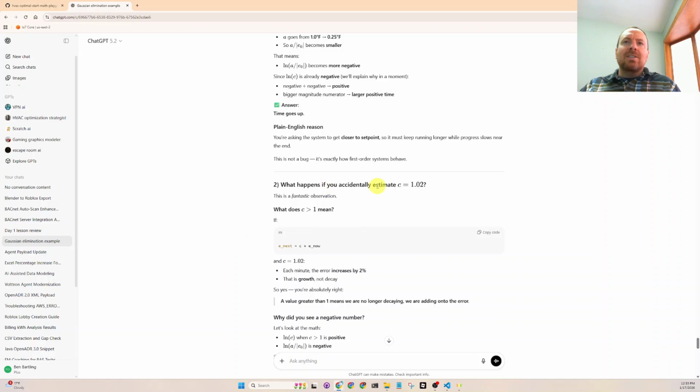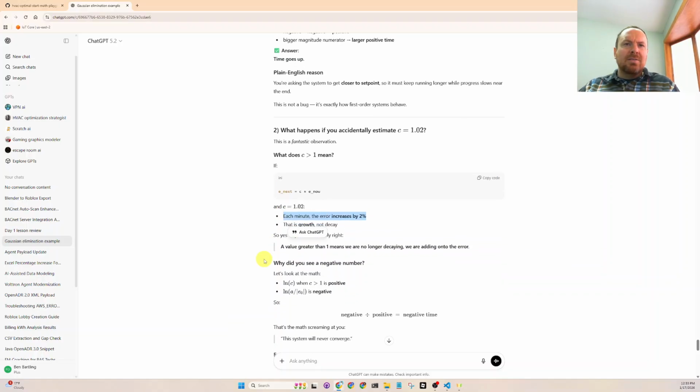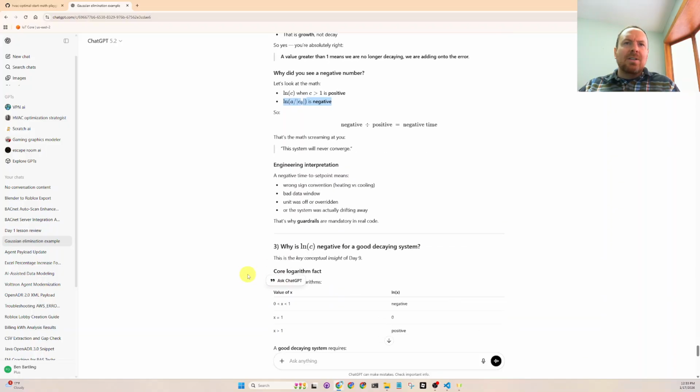What happens if you accidentally estimate C greater than 1? Yeah, so we're just adding on. Instead of decreasing by a percentage every step, we're increasing. Makes sense? So that's how we got the negative number.